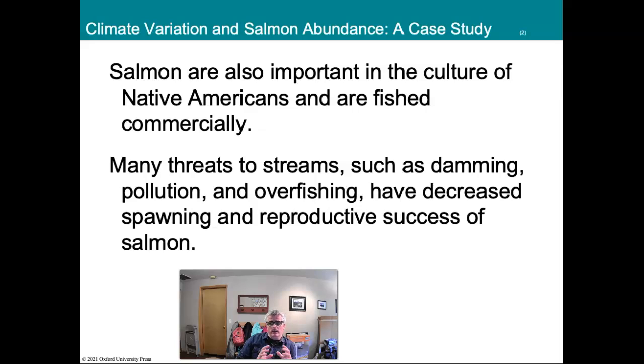And then traditionally, salmon has been thought of as the 4 H's: habitat, hydro, harvest, and hatcheries.